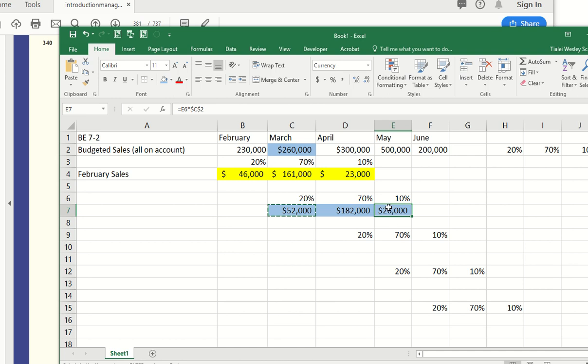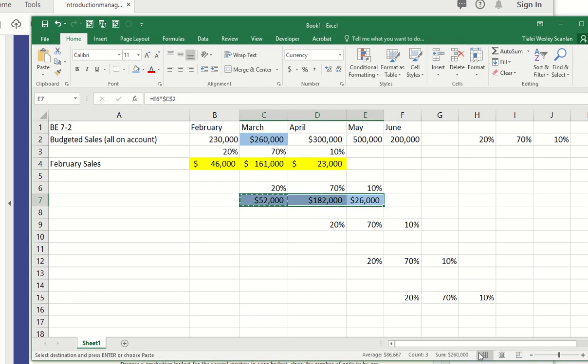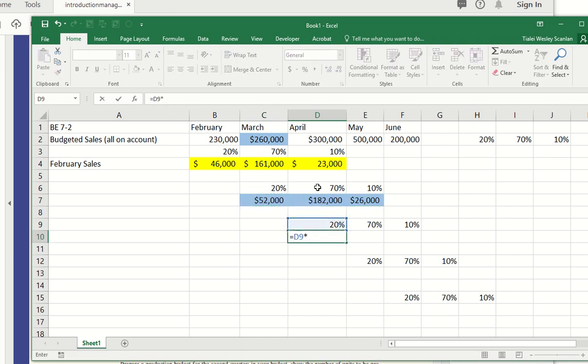Then you could sum these up. I summed them up, and it is 260,000, so I'm just breaking these down. Sometimes we don't collect them all, but here we should be collecting 100% of this 260,000. This is 20% times the 300,000.